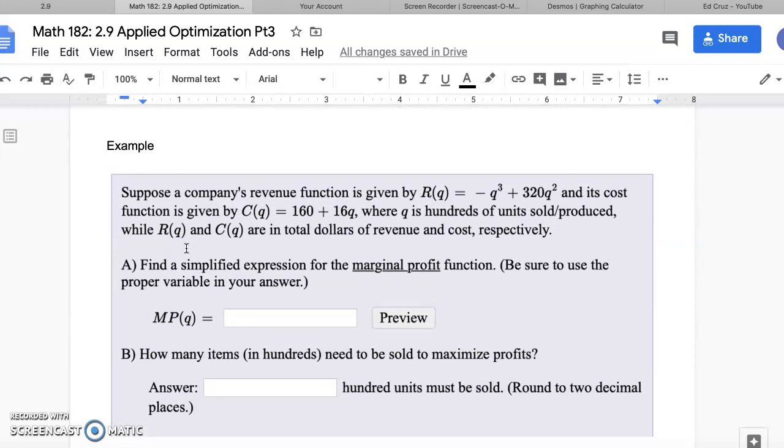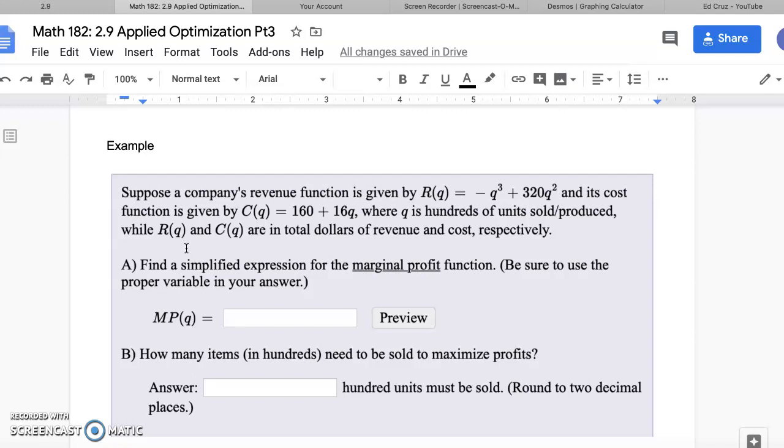So suppose a company's revenue function is given by R of Q equals negative Q to the third plus 320 Q to the second, and its cost function is given by C of Q equals 160 plus 16Q, where Q is in hundreds of units sold or produced, while R of Q and C of Q are in total dollars of revenue and cost, respectively.